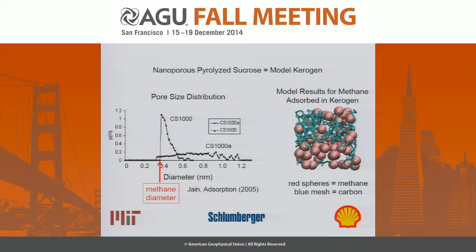Now, just to give you an idea of the scale of these pore spaces, a single methane molecule has a diameter of 0.3 of a nanometer. So these are really small pore spaces, and you might think that's kind of irrelevant.